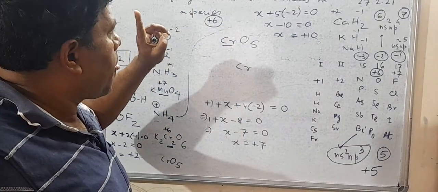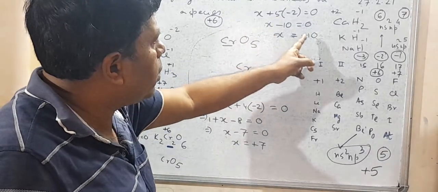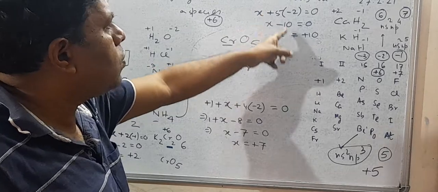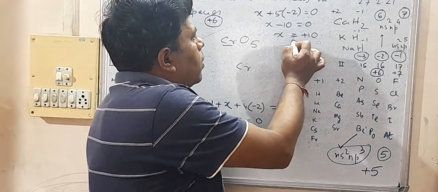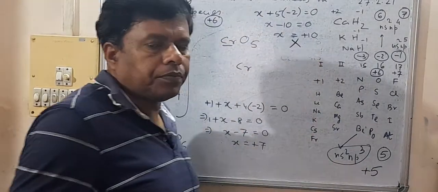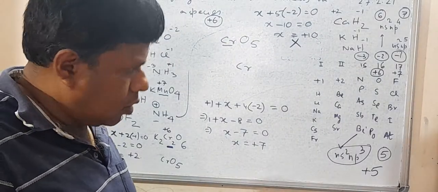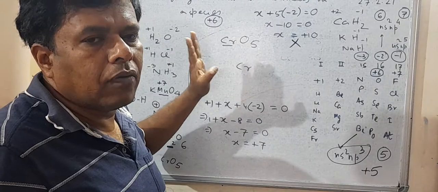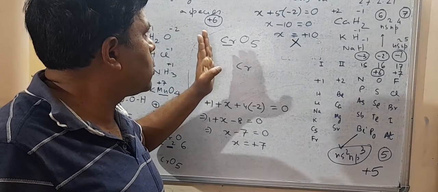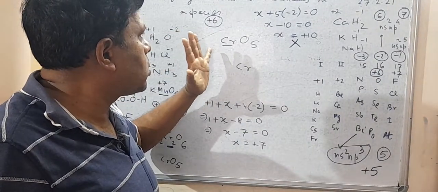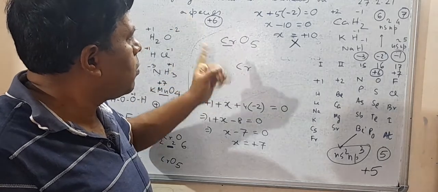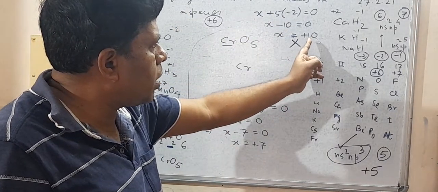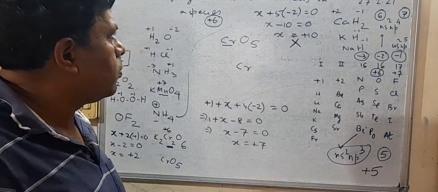Now here we are getting +10. So you see this value is wrong. Chromium, an element of group 6, has a highest oxidation state of +6, but here on calculation we are getting +10, so this is wrong.